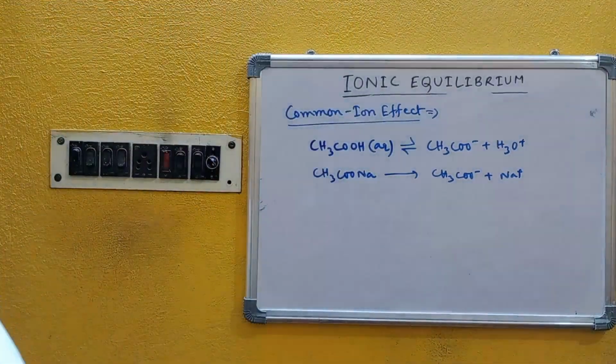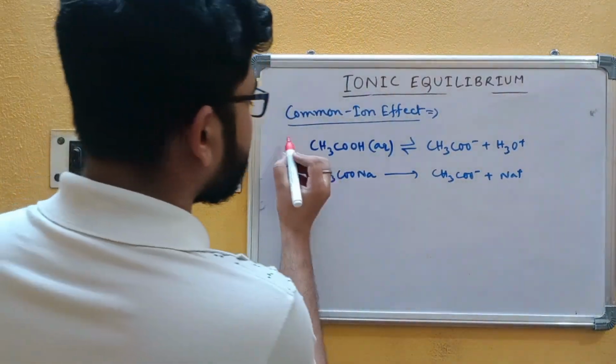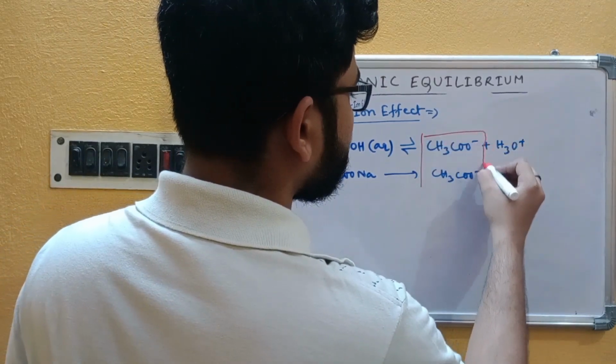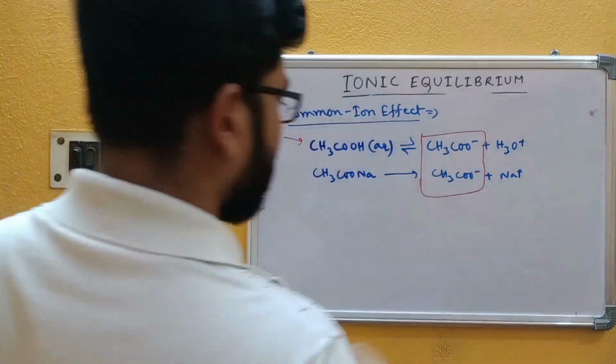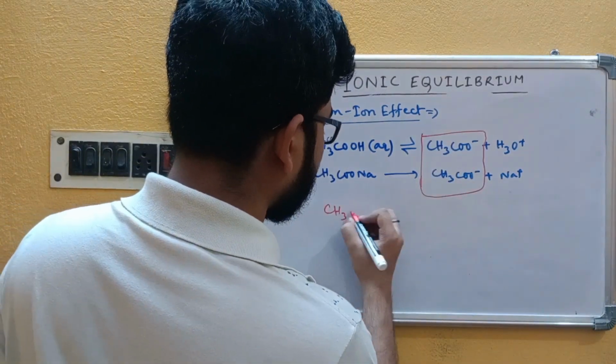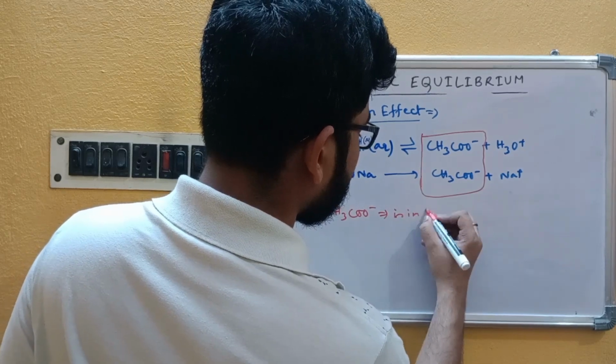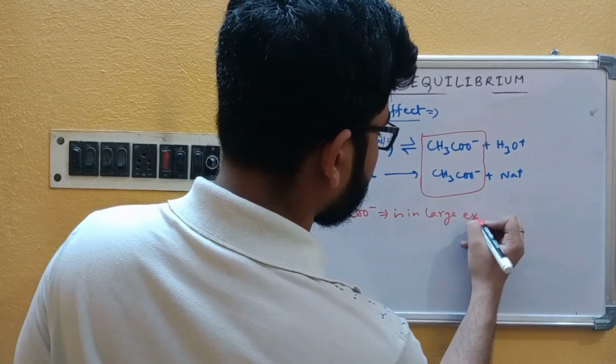Now we can see that in the solution of CH3COOH, this CH3COO- is a common ion. This CH3COO- is in large excess.